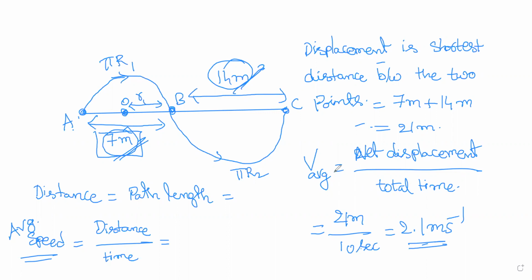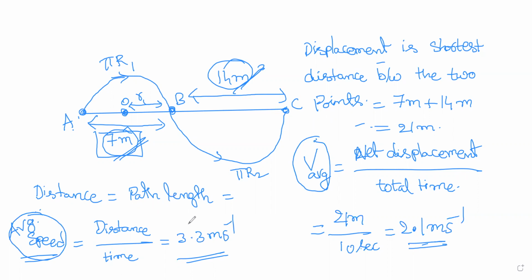So you can see that the speed happens to be 3.3 meters second inverse, and the velocity is 2.1 meters second inverse. Both are different values, and you can see that the average velocity is less than the average speed. So this is the scenario you have to understand.